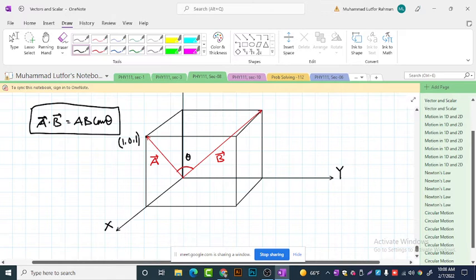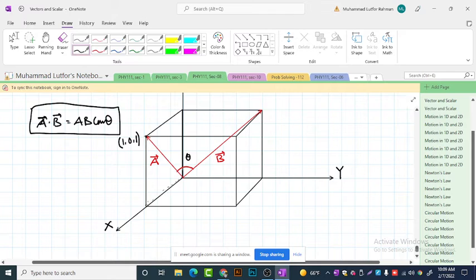I choose the side length of this cube as 1, so A's length is 1. The coordinate of this point is 1 0 1, because I move one unit along the x axis, I do not move along the y-axis at all, and then I move 1 unit towards the z-axis to reach that point.